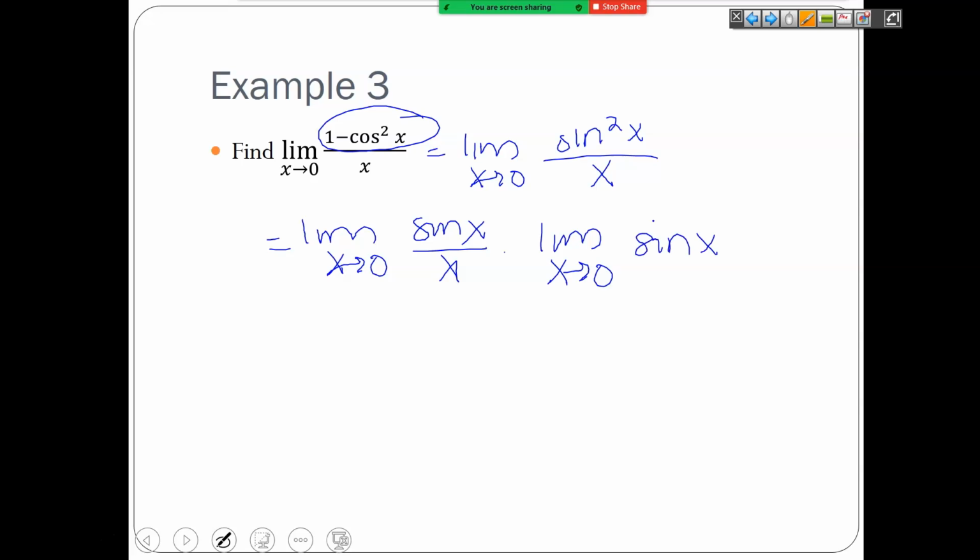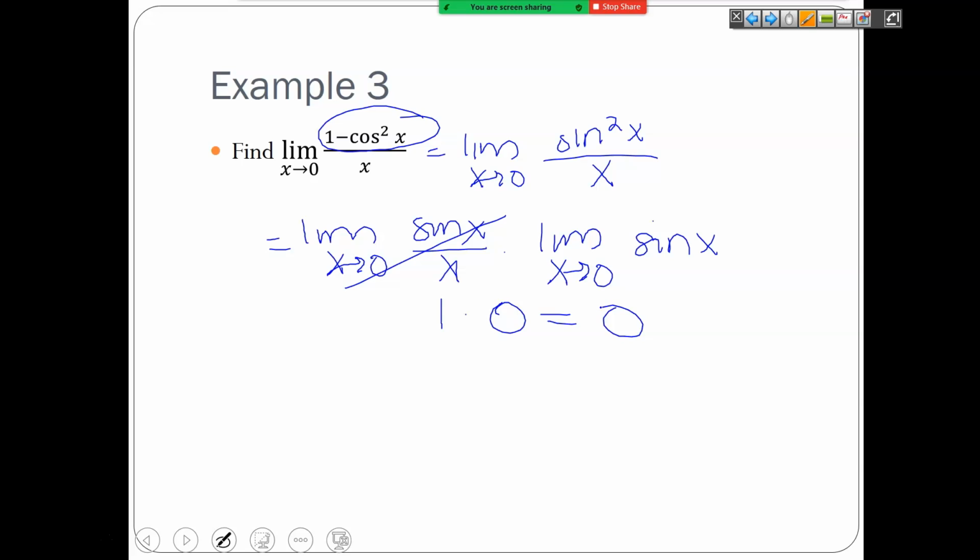Because again, if you multiply back together, you get sine squared x. Sine x over x is 1. The limit as x approaches 0 of sine x would become sine of 0. Good. 1 times 0 is 0.